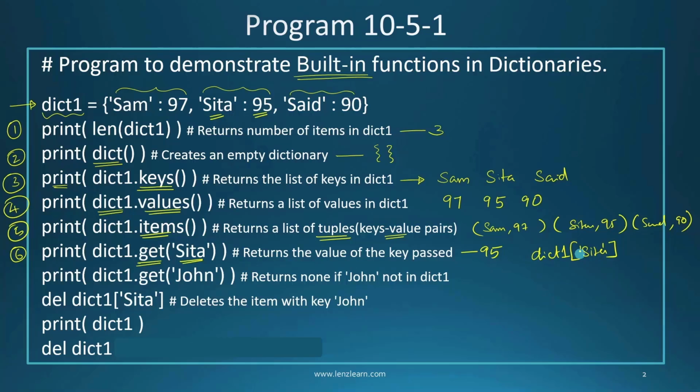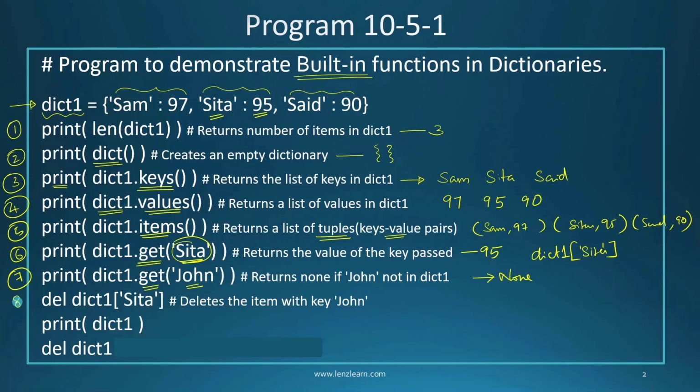This method we have already seen in the previous session. Now in the next print statement, we are trying to get the value stored at key John. If you check the entire dictionary, there is no key with the name John. So this will return None, which means the get function could not find a key stored inside dict1 with the name John.